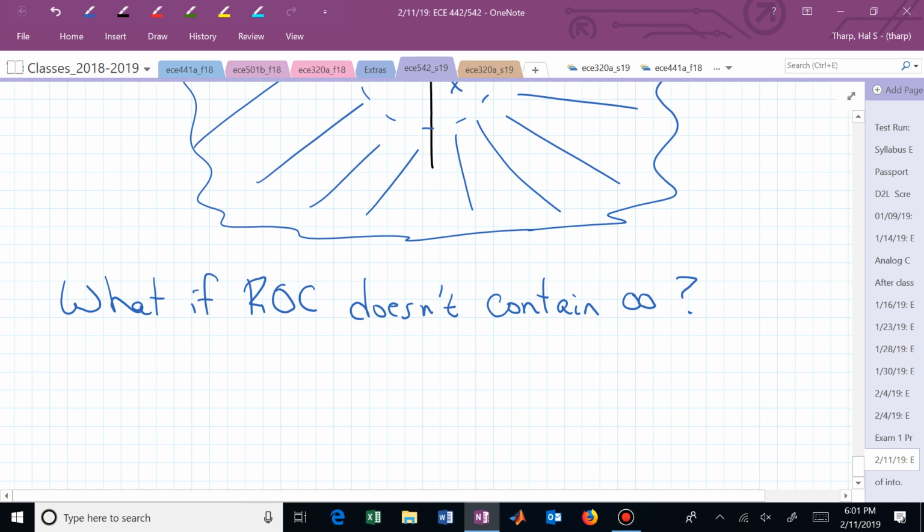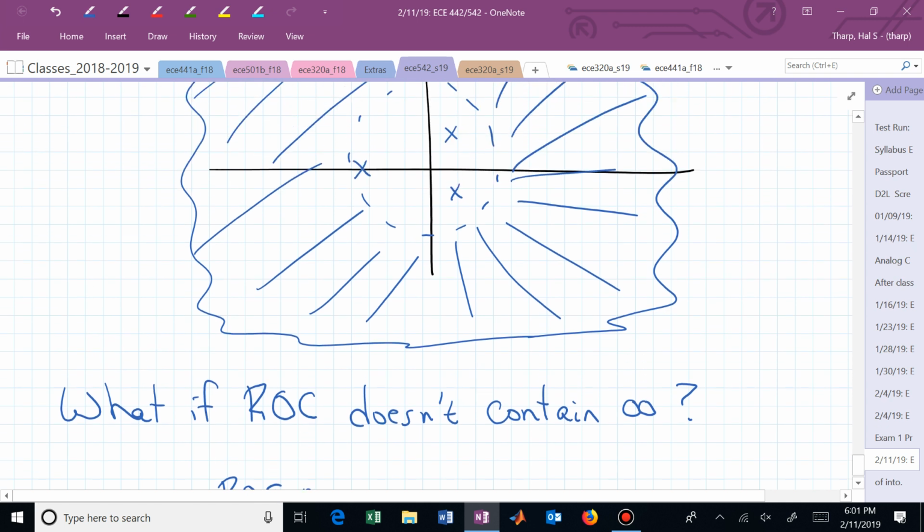Or what if the region of convergence doesn't allow us to approach infinity? So our z-plane is not going to include the boundary, z going off to infinity. Or we could say that now our region of convergence looks something like the following.